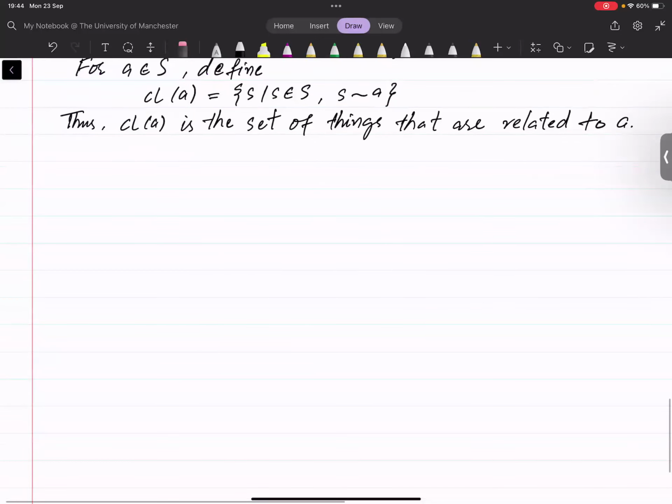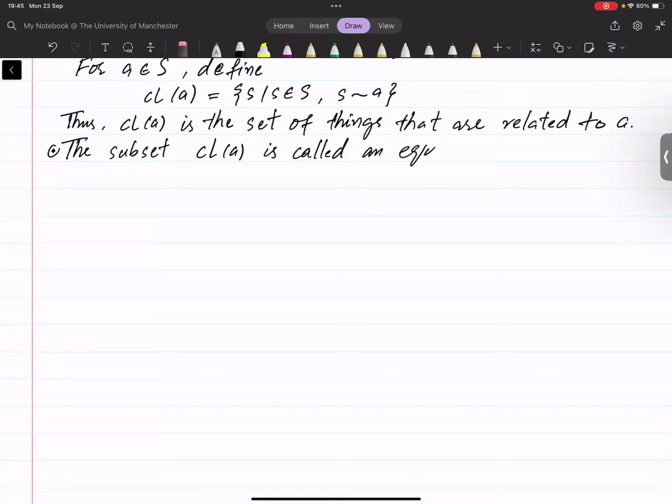The subset CL of a is called an equivalence class of this equivalence relation.